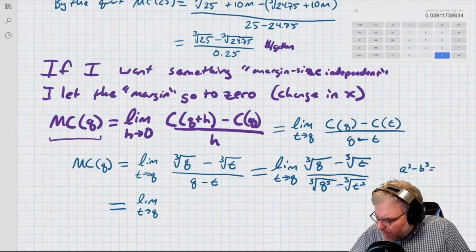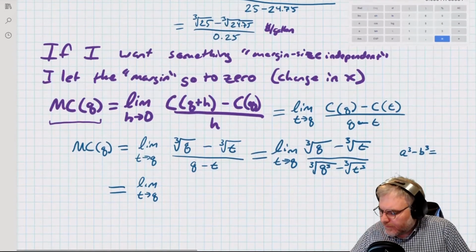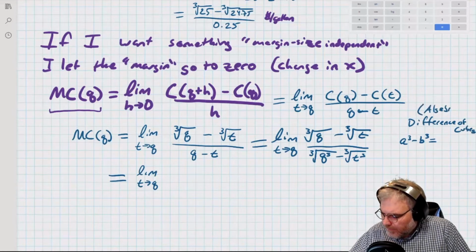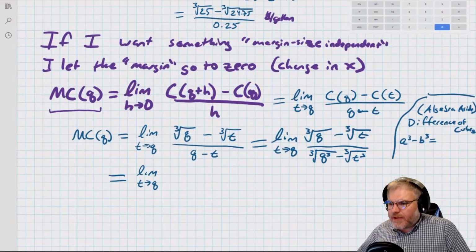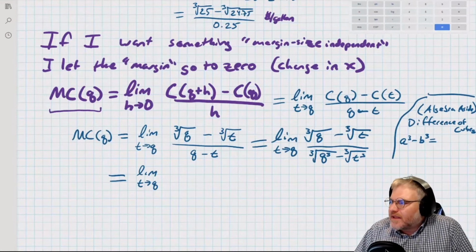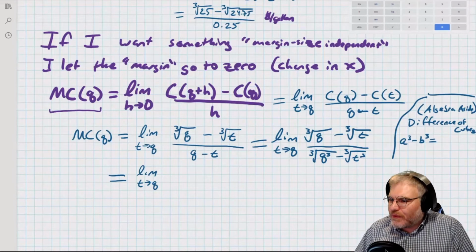Does anyone remember the difference of cubes? Anyone remember the formula? Do we remember it?